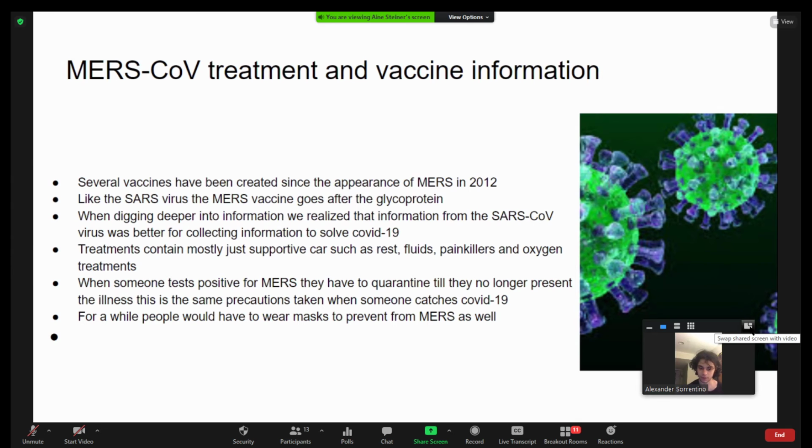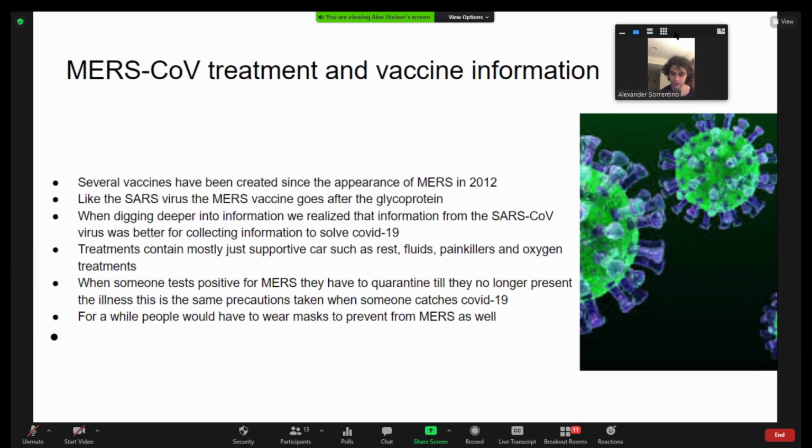When digging deeper into the information, we did find out that the SARS-CoV virus was better for collecting information for solving anything we could do with COVID-19. But the treatments are the same: you just need some rest, drink some fluids, sometimes have some painkillers as well. But it was also with some oxygen treatments here and there.